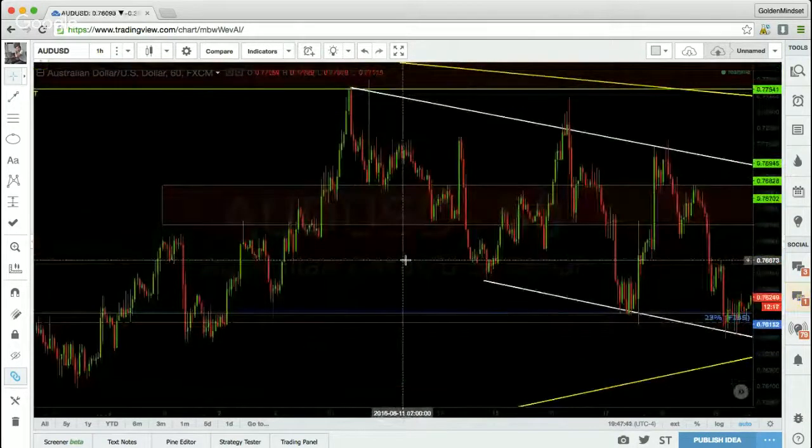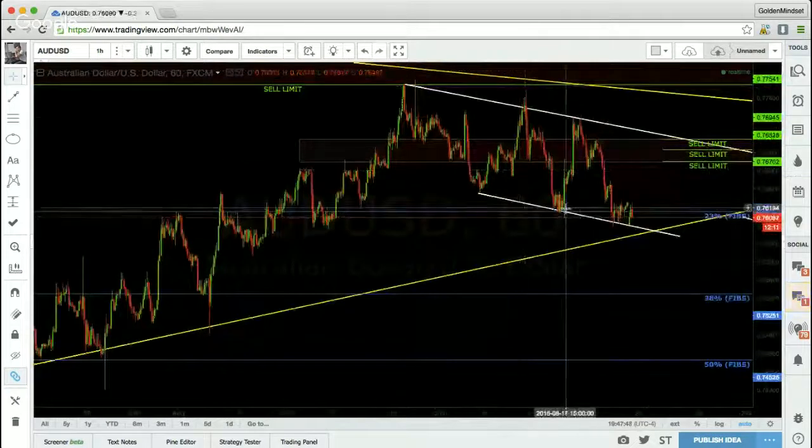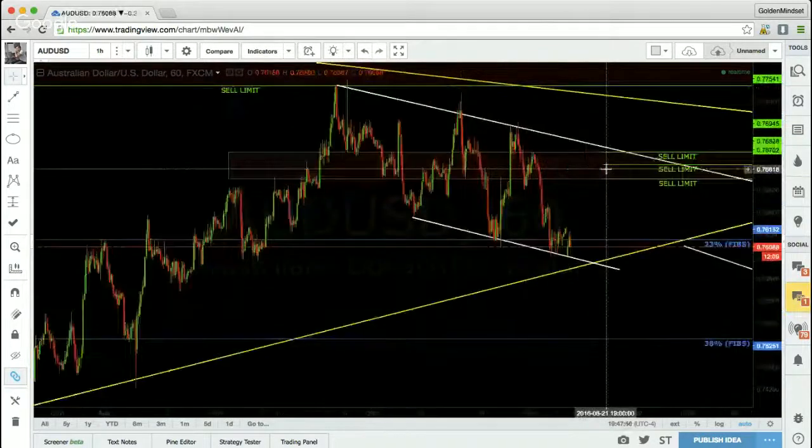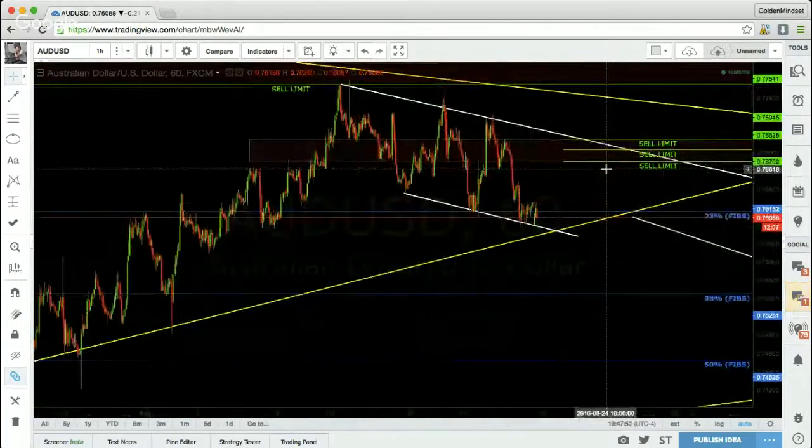But when you really have some technical confirmation, like I said, price action, double top, double bottom, head and shoulders, when you have a broken trend line, when you have resistance, support, Fibonacci. Fibonacci is even stronger than support and resistance. So this is why I'm not really using a lot of support and resistance.